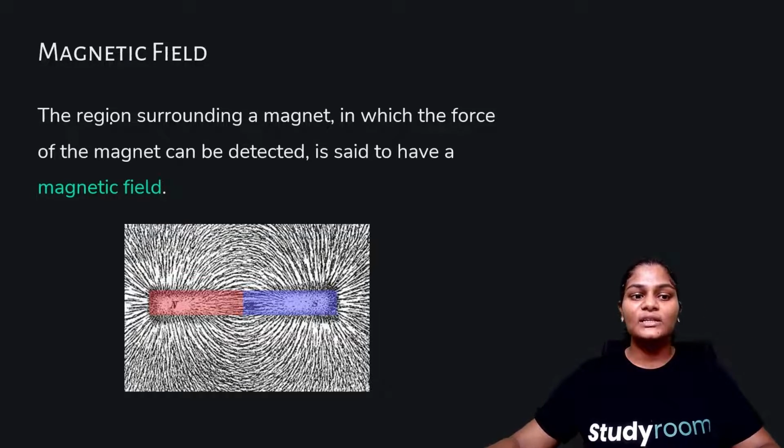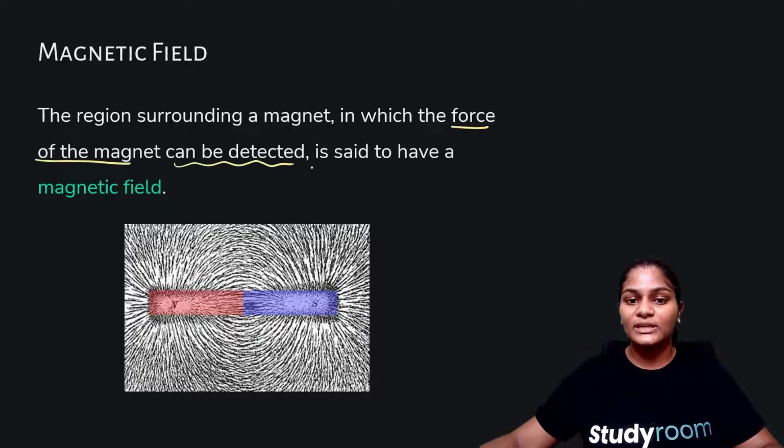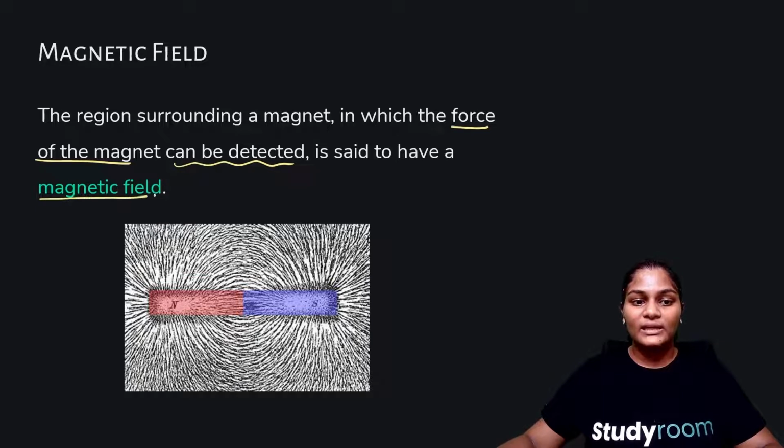So it says that the region surrounding a magnet, which means a region around a magnet in which the force of the magnet can be detected, is said to be a magnetic field. So right now, just let this picture be.